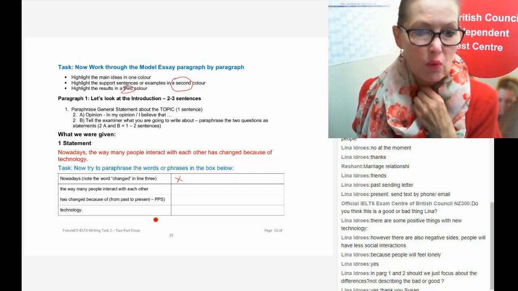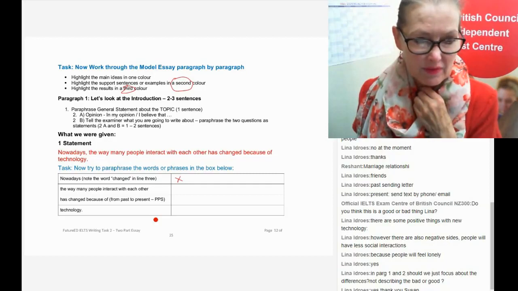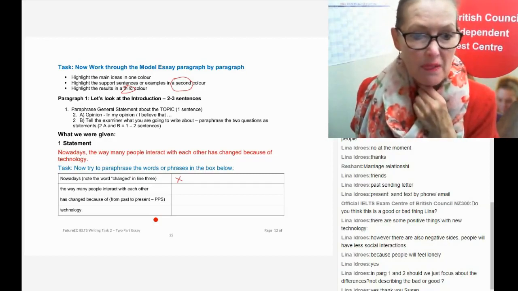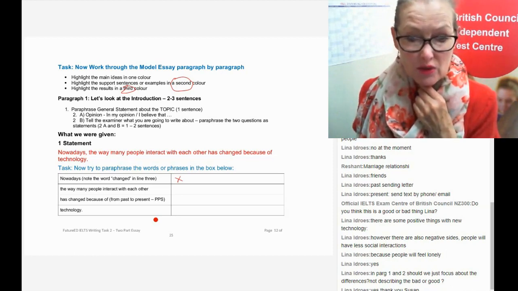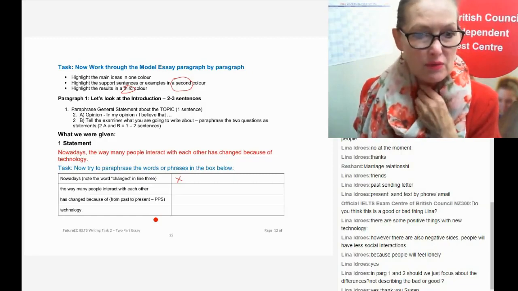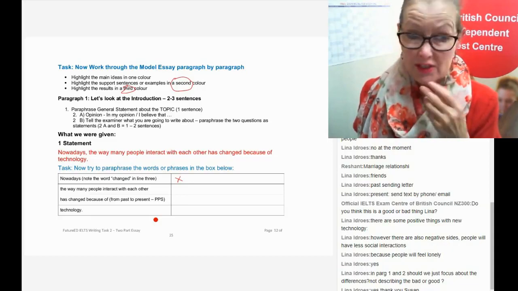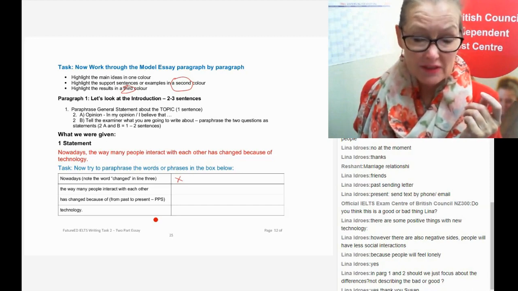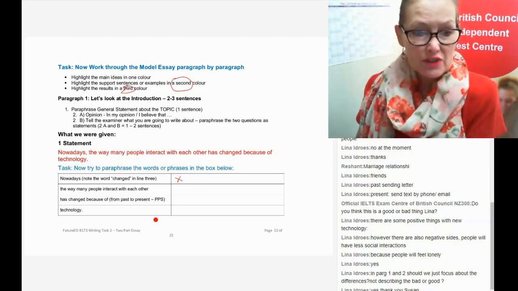So let's have a look at what we were given. The statement says, nowadays, the way many people interact with each other has changed because of technology. Now we're going to work on the introduction. As we've done before, paraphrase, give our opinion, and give the examiner directions.